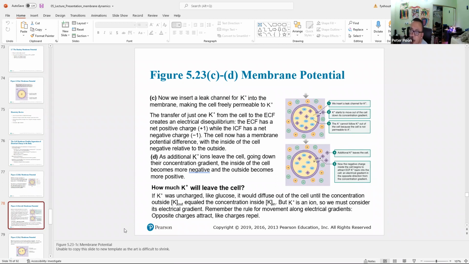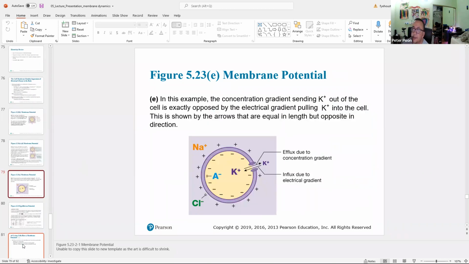So we now have two separate things to account for. One is the chemical gradient, and one is the electrical gradient.